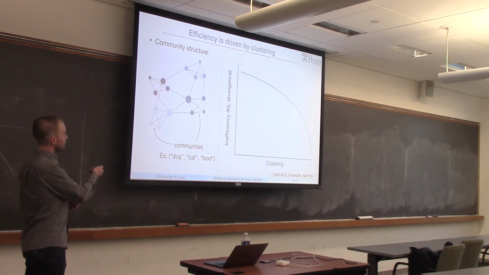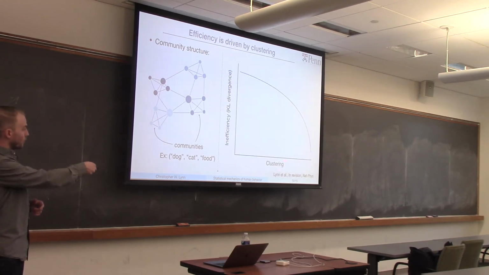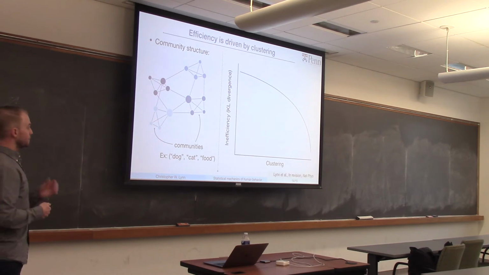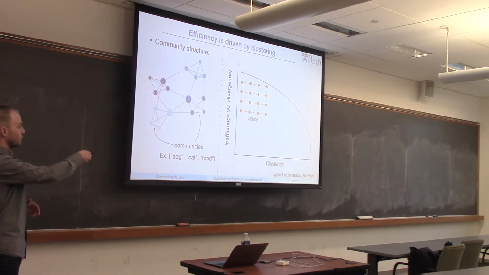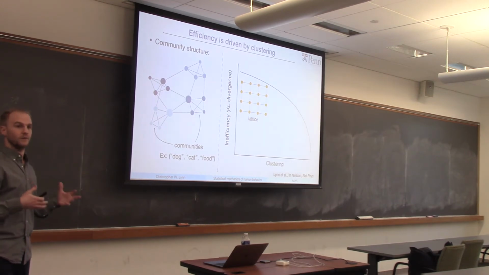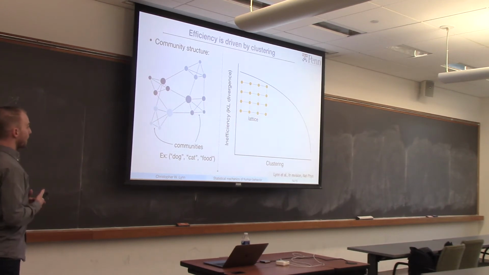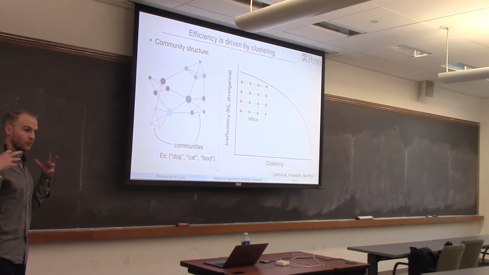And so we can do a similar thing to what we did before. So we can look at networks with varying degrees of clustering on the x-axis, and then we can look at this inefficiency term on the y-axis. And again, the least clustered types of networks are these lattice networks. So there's no community structure here. There's no natural grouping of these nodes. And you can actually show that gives rise to high inefficiency because people are good at grouping things together.